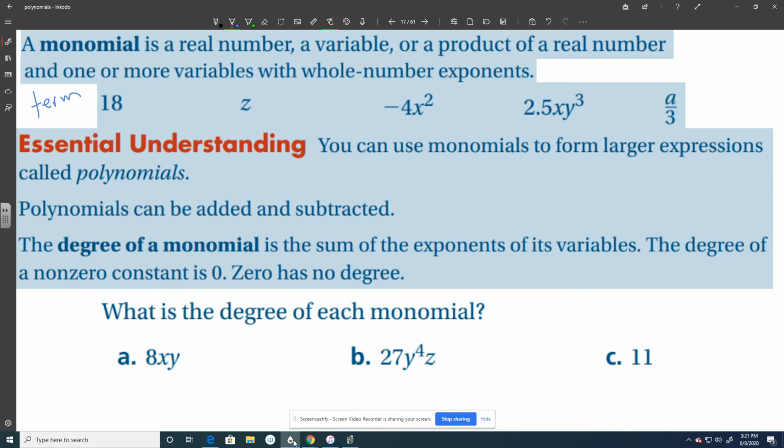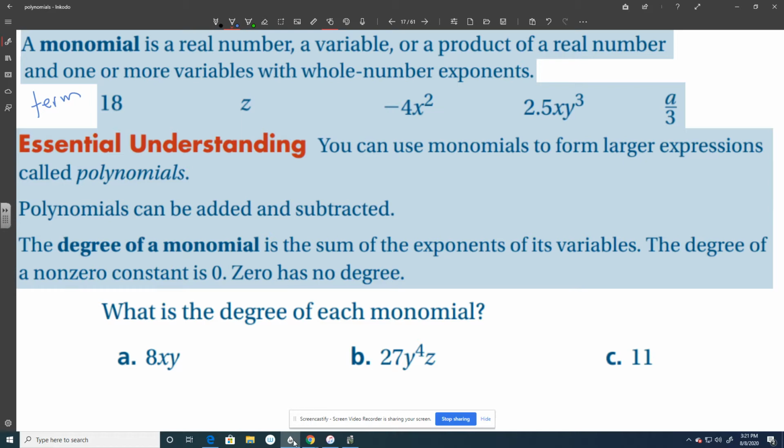Now you can combine all of these together to form what we call a polynomial. And a polynomial is just a group of monomials being combined together, all right? The way that we write those out depends on the degree of each of these individual terms. It sounds complicated, but at the end of the day, it really gets simple.